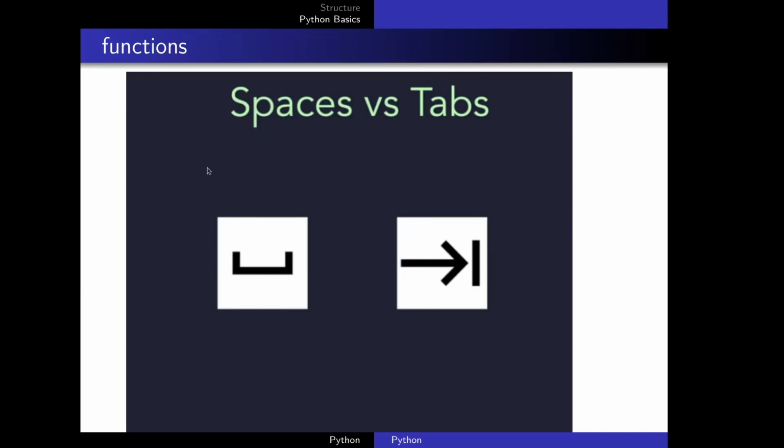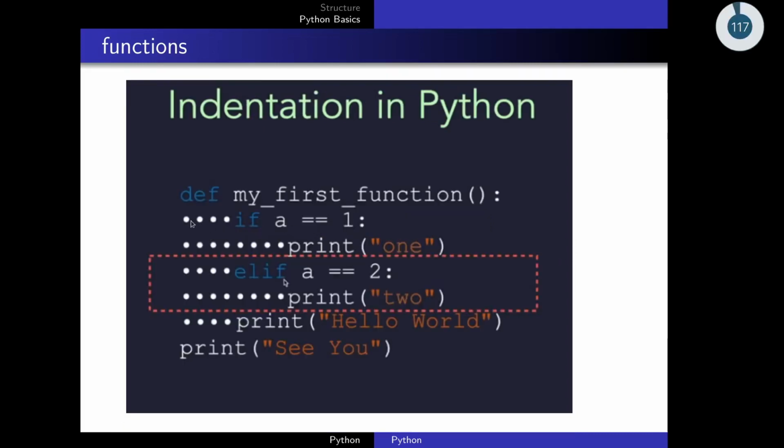For one section we cannot use the spacebar and the next section a tab. We have to stick to the same, either spacebar or tab key. The documentation recommends spaces, 4 for one indentation level. So here I have to hit the spacebar 4 times, and doing this every time is inefficient, no?